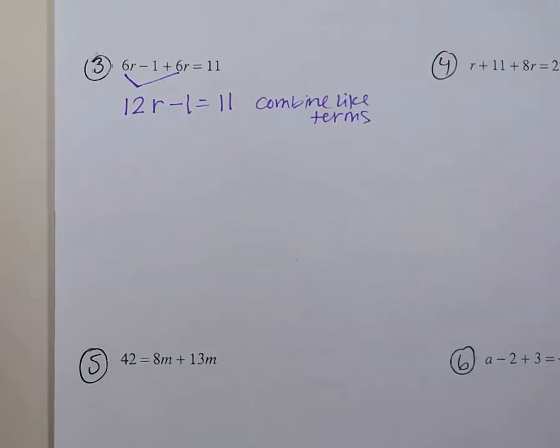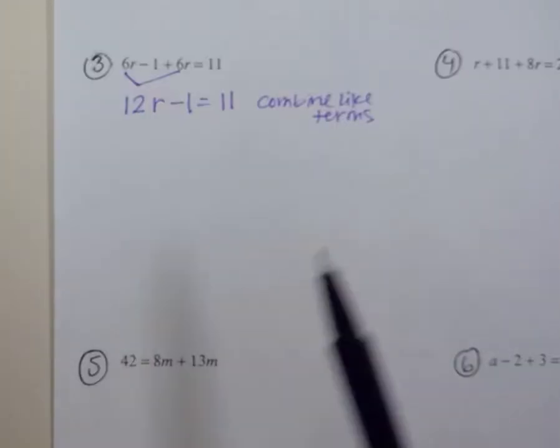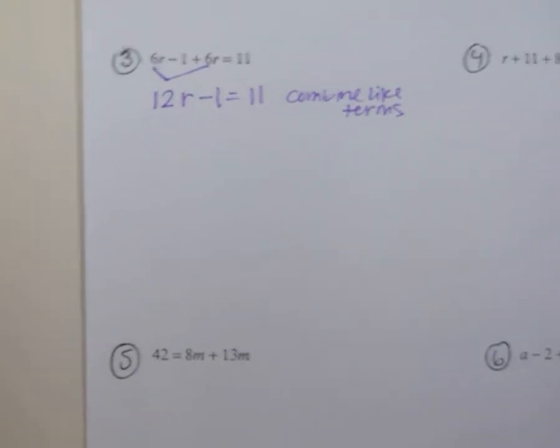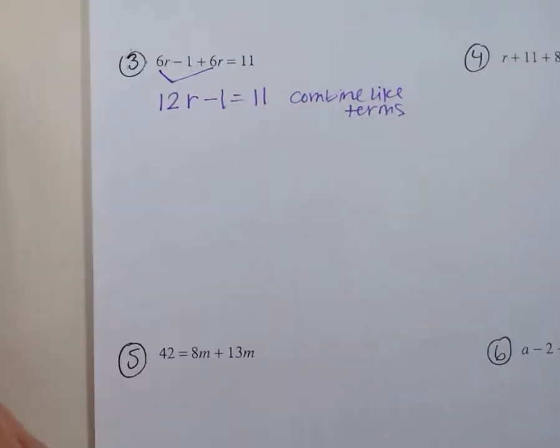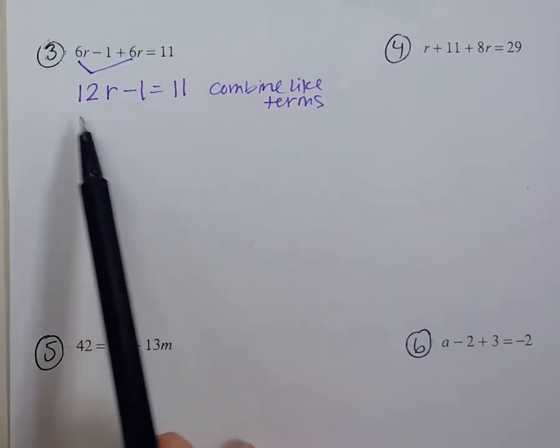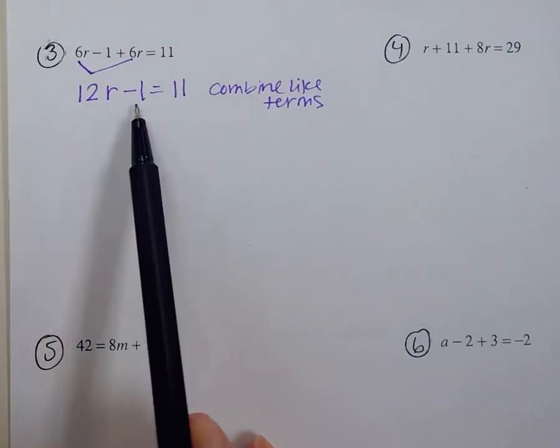Okay. So now what we have a little bit different from number 1 is in number 1, I had all of my A's together on one side and all of my numbers on the other. So it was really nice that I had that all set up. But in this case, I don't. I have R's and constants, R's and numbers.